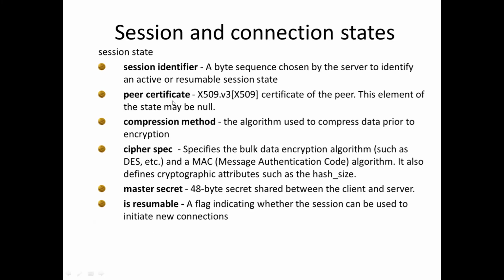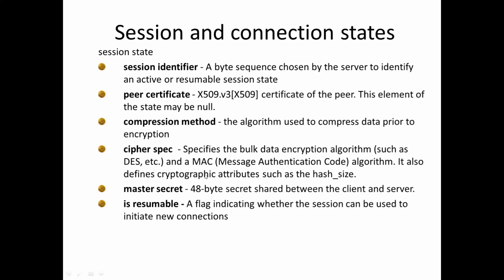Then we have a peer certificate, an X.509 certificate for the peer. This element of the state may be null. Then we have the compression method, the algorithm that is used to compress the data prior to the encryption. Then we have the cipher spec. It specifies the bulk data encryption algorithms such as DES, etc., and also MAC algorithms.